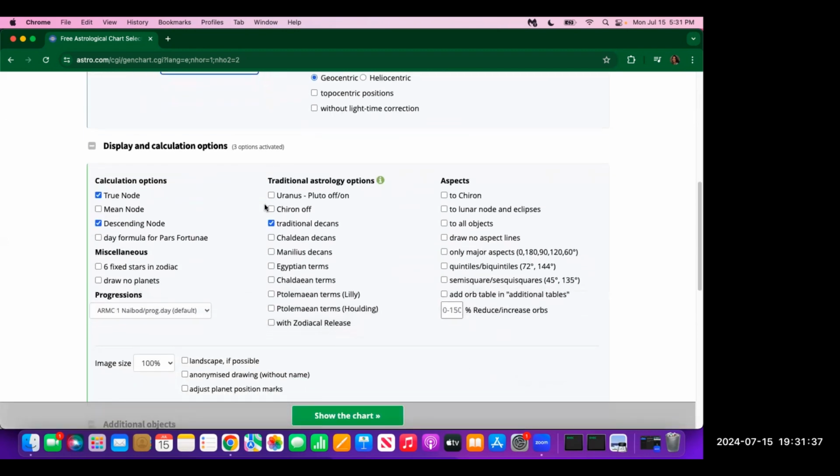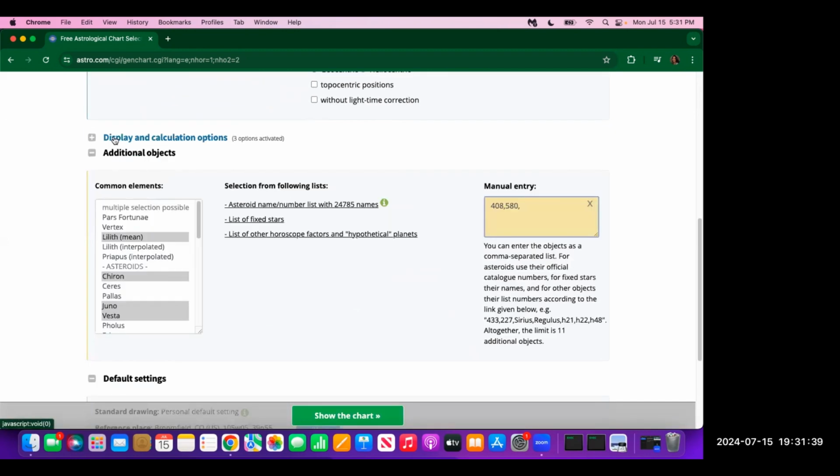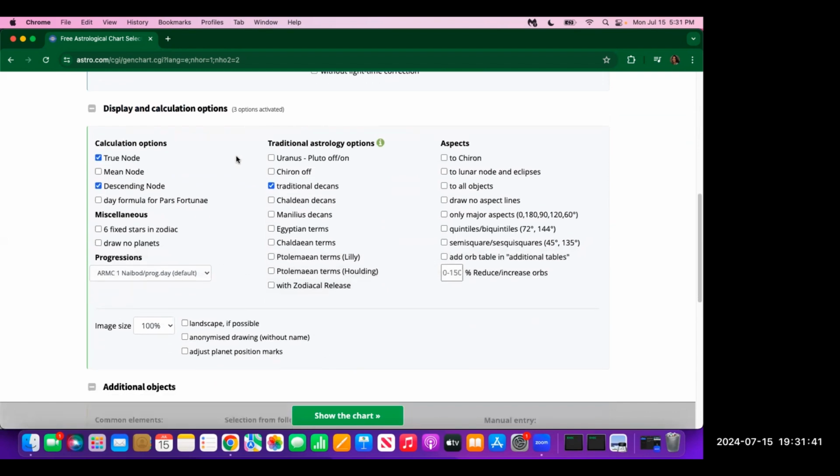For down here, display and calculation options. Now, this is a little advanced because this adds things to your chart. For example, the decans is a bit of an advanced technique, and your true node, which is your north node, and your descending node, which is your south node, again, something that is a little bit advanced, and we're not going to talk about them today, but I use them, which is why they're checked off.